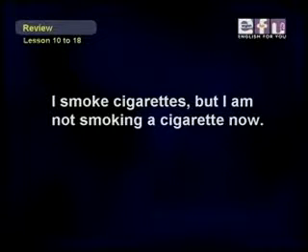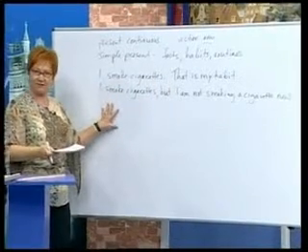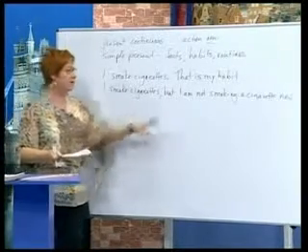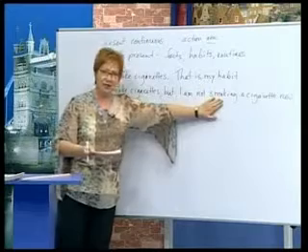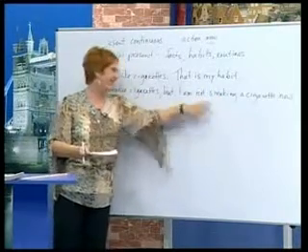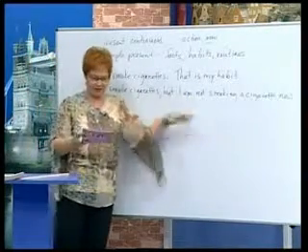Now, I smoke cigarettes, but I am not smoking a cigarette now. This is my habit. I smoke cigarettes, but I'm not smoking a cigarette now. Okay, so this is present continuous, action now, or not action now. So this is the simple present, this is the present continuous.